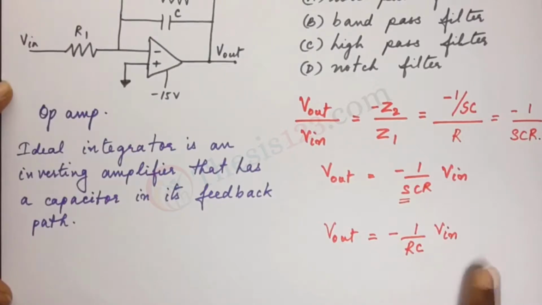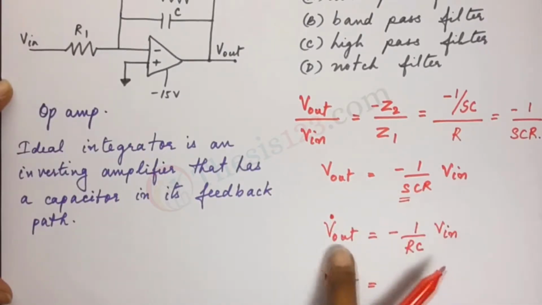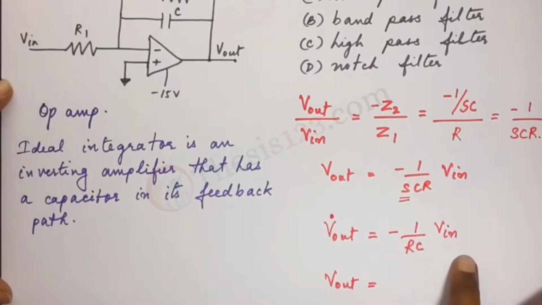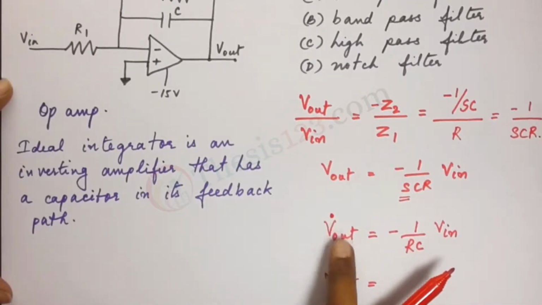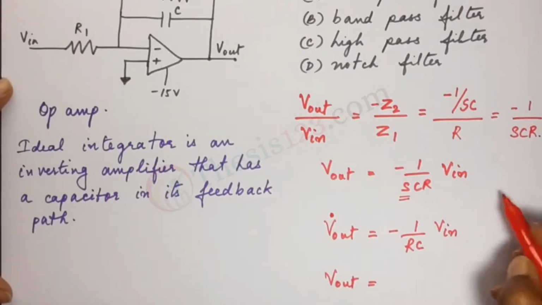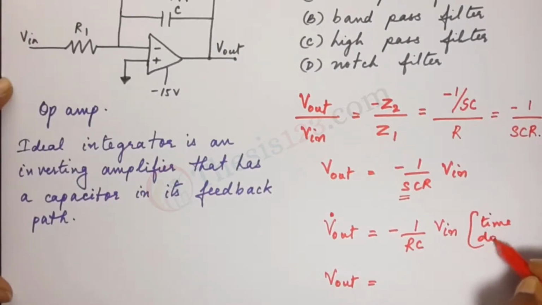Now this is in our time domain. V out dot means differentiation. So this equation is a derivative, please keep in mind.